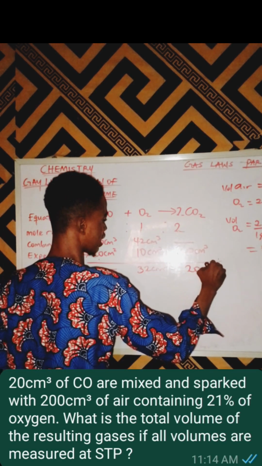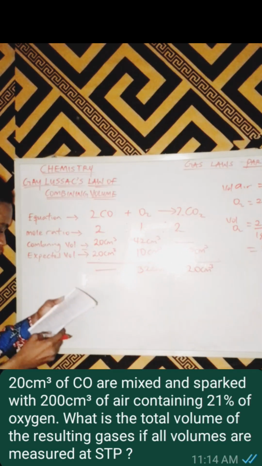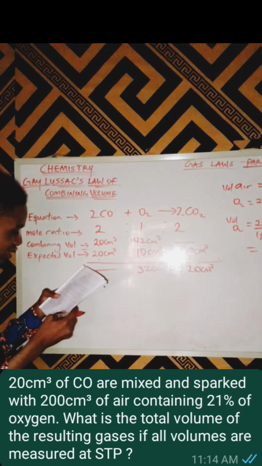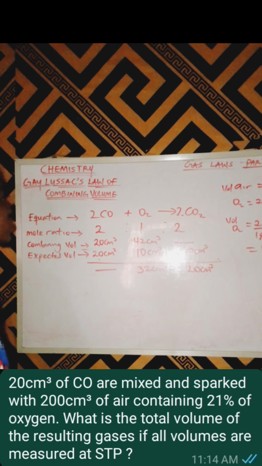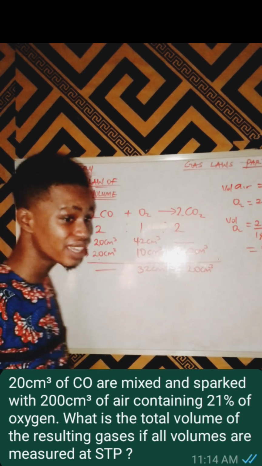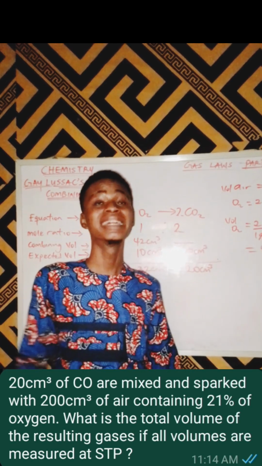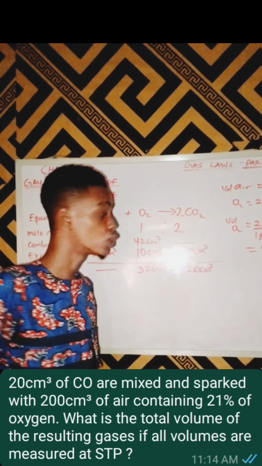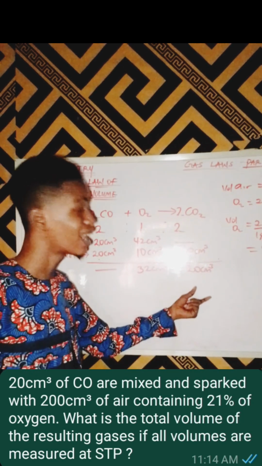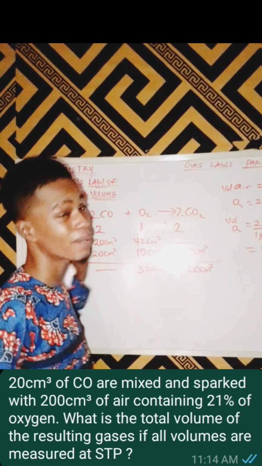Now what did they ask us to look for? They ask us to find the resulting gas. Resulting gas and residual gas are the same thing. They mean the remaining gas after the reaction, both the product and the gases that did not take part in the reaction.